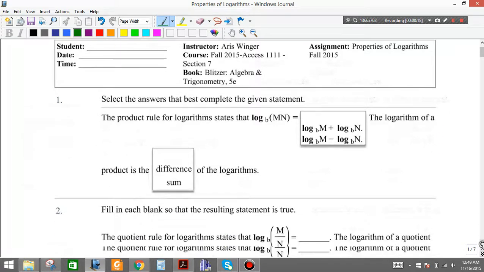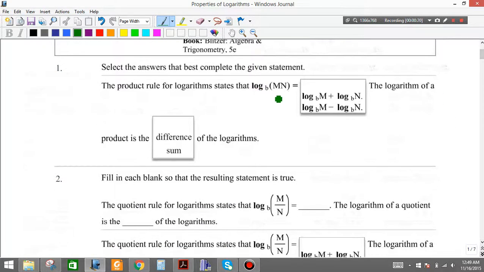So one of the first properties of logarithms translates the log of a product. Log of m times n is the log of m plus the log of n. Now we've been saying last time emphatically that the log is the power, and so we know that when you have x to the m times x to the n, then you add the powers.